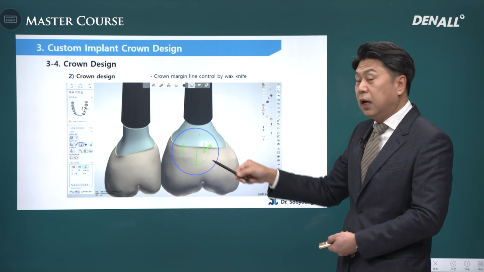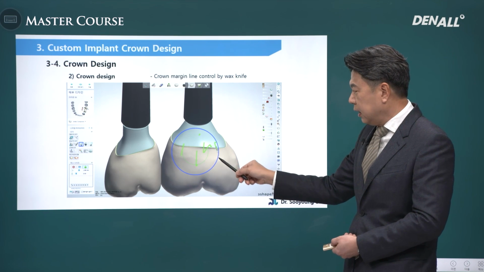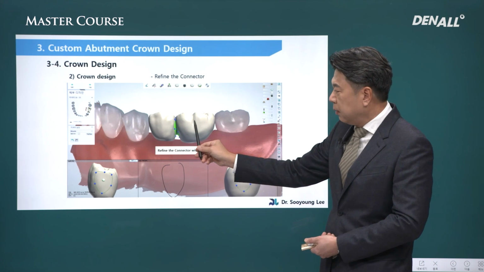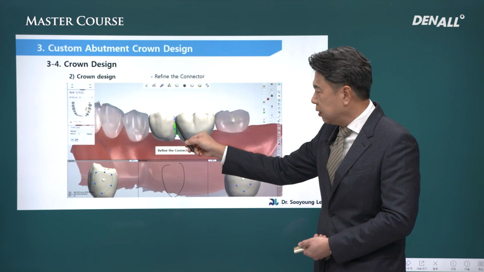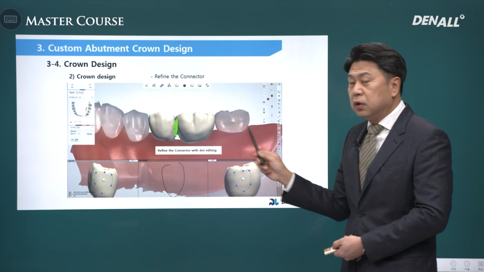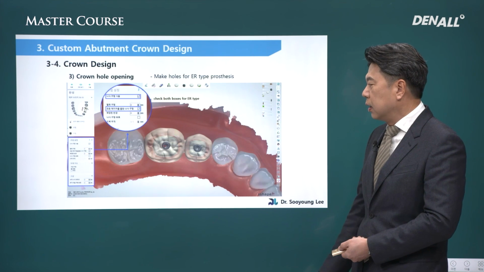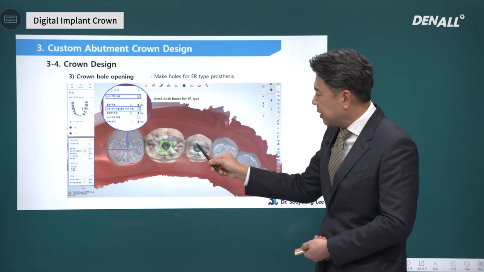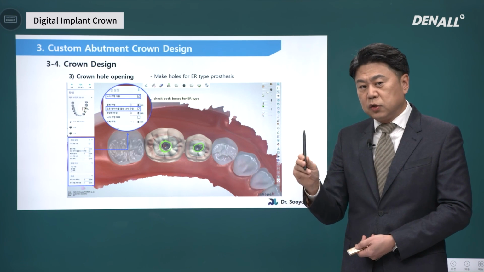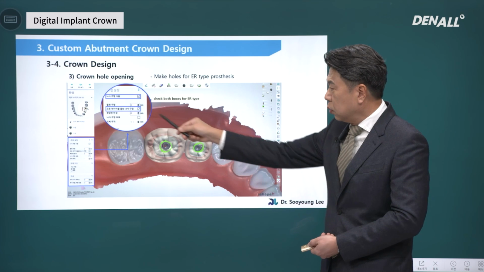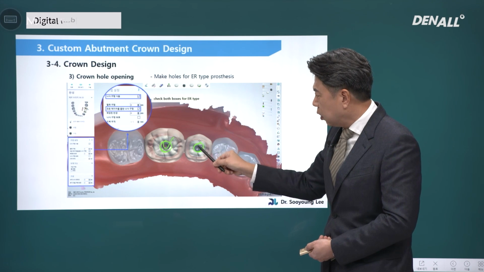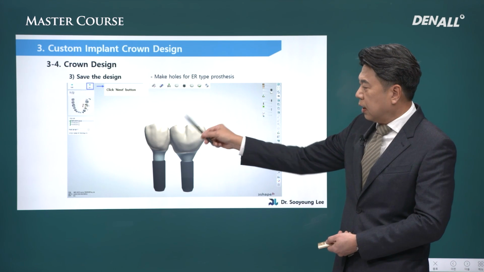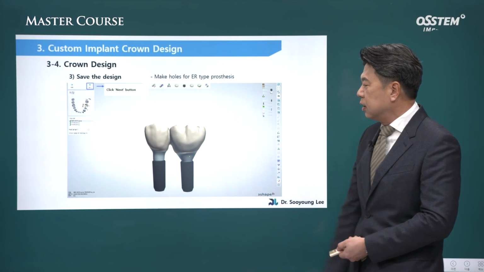The abutment and the tooth margin should be harmonious, and the tooth morphing is done. If it is to be splinted, the connector part of the splint can be adjusted. If you want to use an ER type, the access hole information is available here. If you select the access hole and the diameter, the hole is automatically made. This way, very easily, the final abutments and crowns can be fabricated.